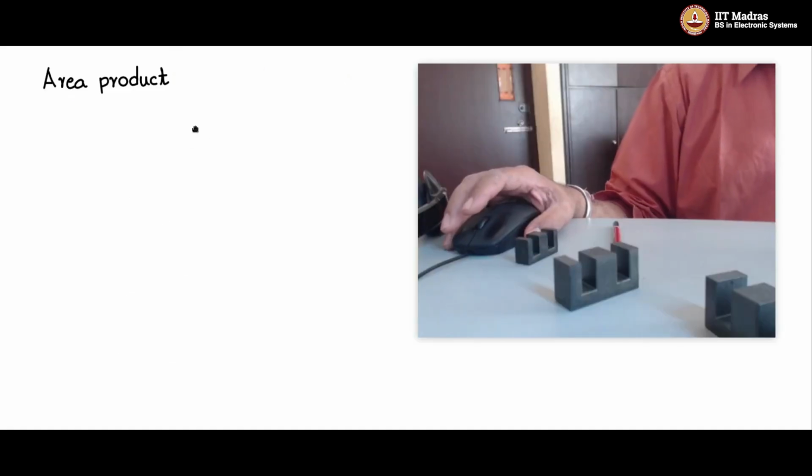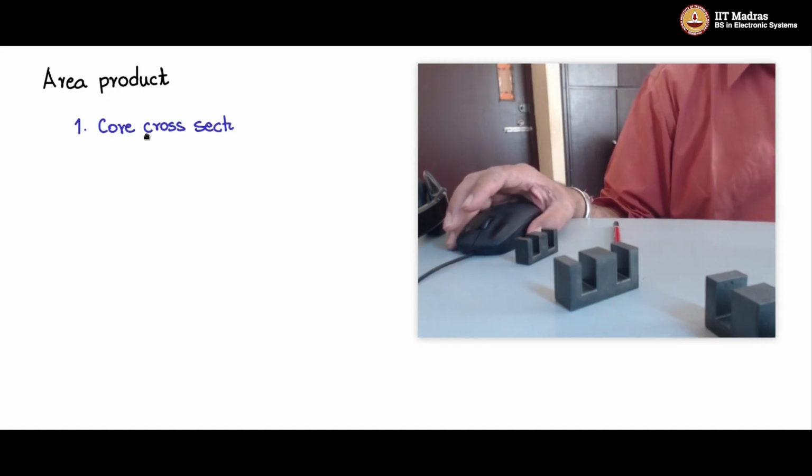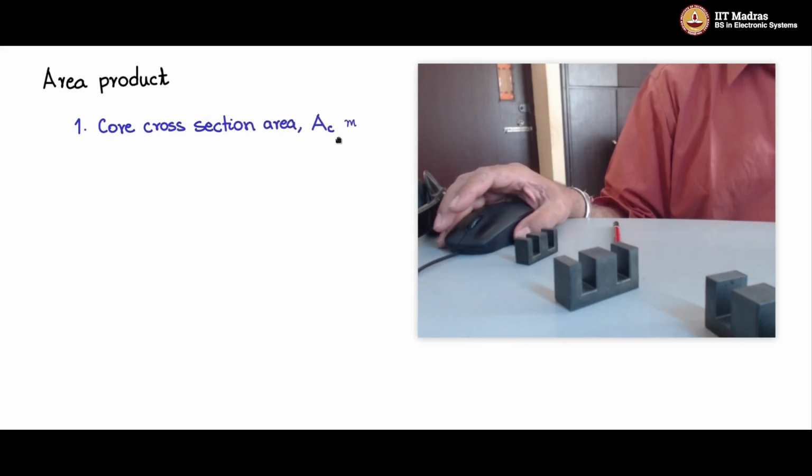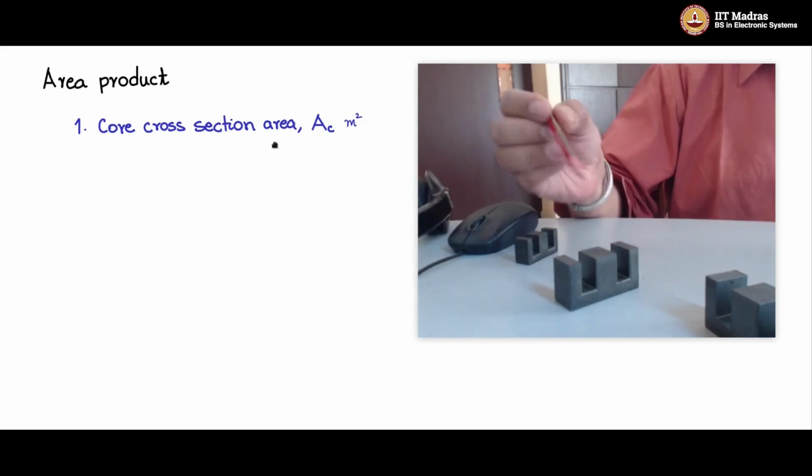We will be using the area product approach for designing the magnetics, both inductor and the transformer. So let us look at what area product means. There are two important areas for any core. One is the core cross section area Ac in meter square. What is the core cross section area?